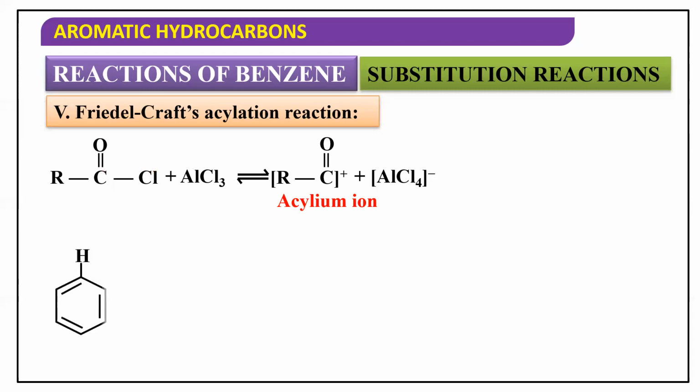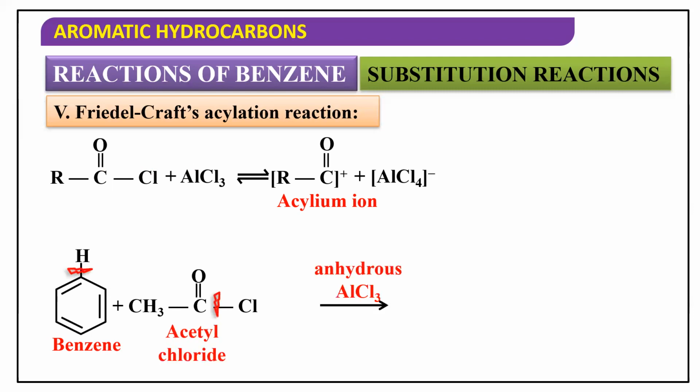This acylium ion will attack the benzene group. So in benzene, the hydrogen is taken away by Cl minus to go out as HCl. In place of that hydrogen, who behaves as the attacking reagent? RCO plus. Here it is CH3CO plus.